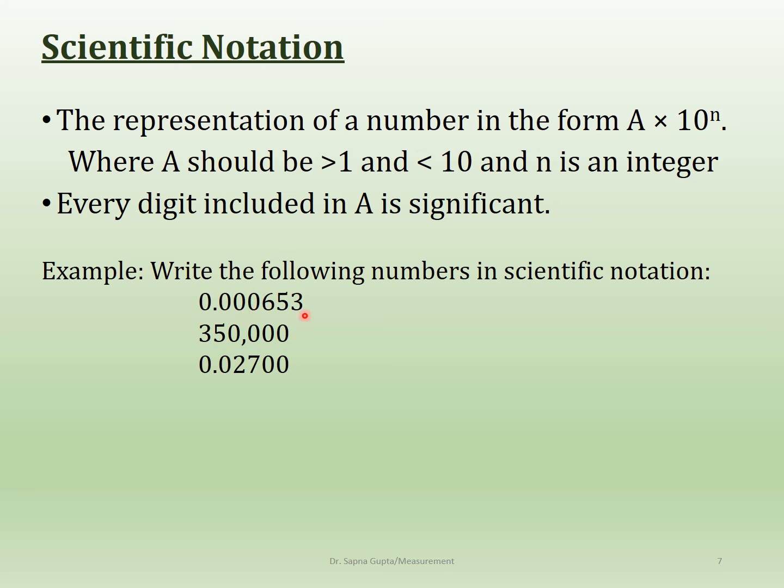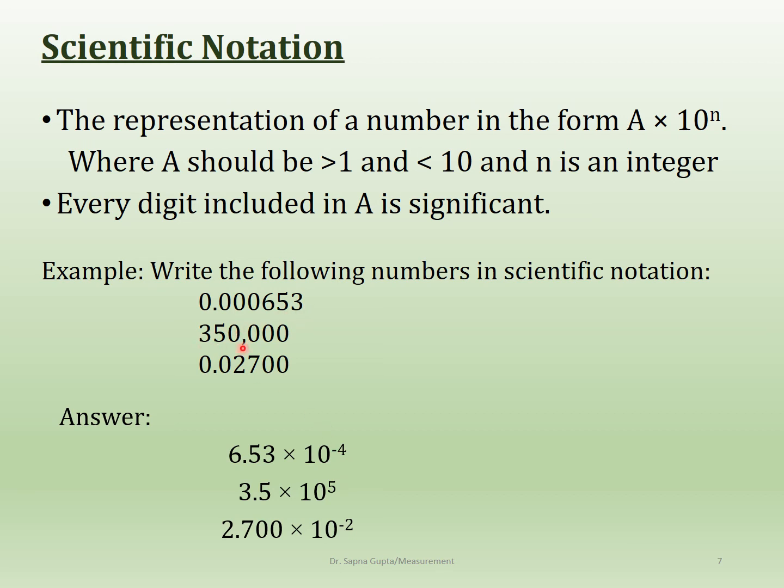And so you'll move the decimal point 1, 2, 3, 4. Once you bring it to the right side, it will be negative 4. So that's what the first number is: 6.53 times 10 to the negative 4.